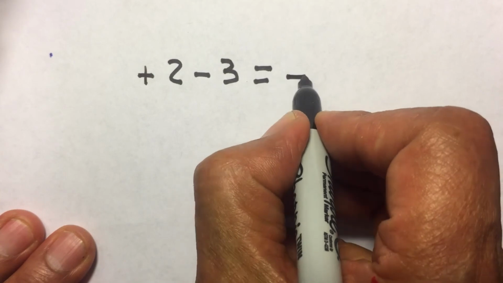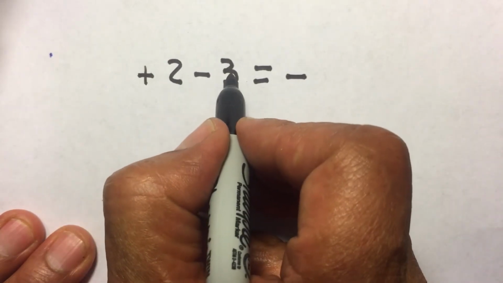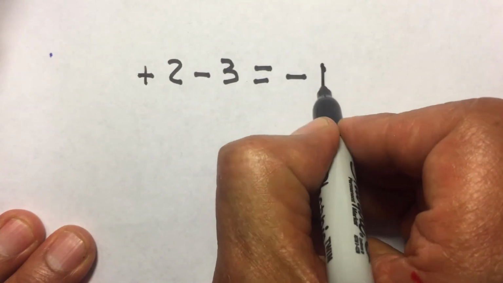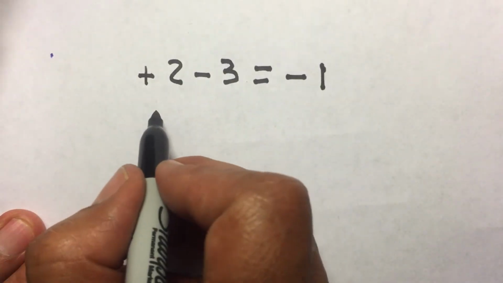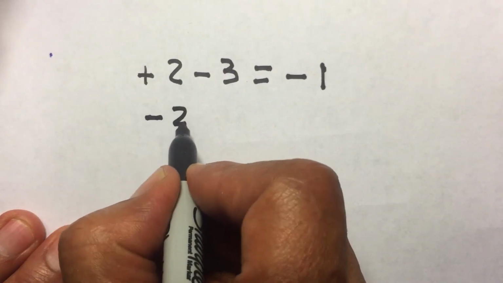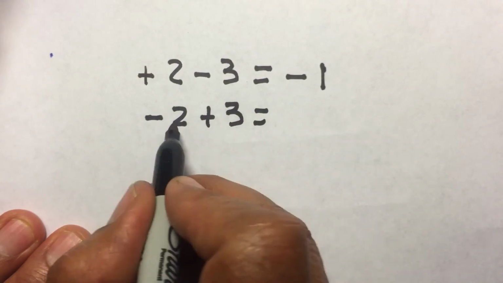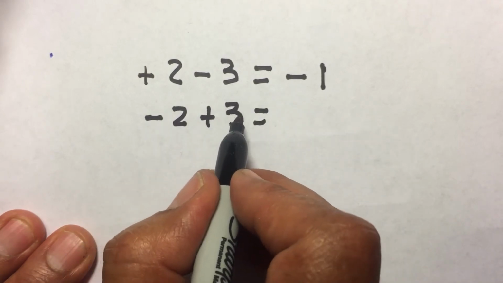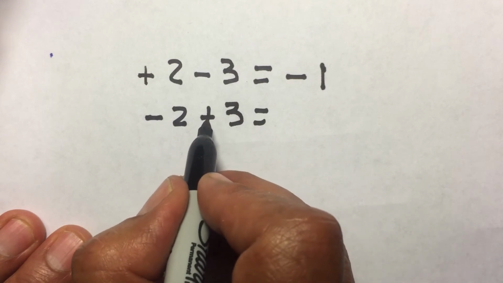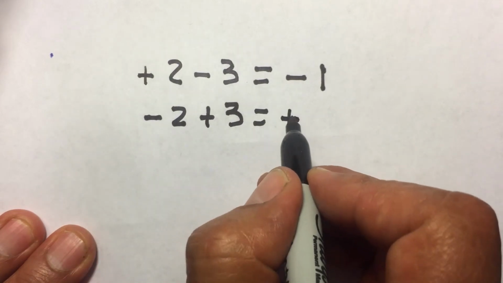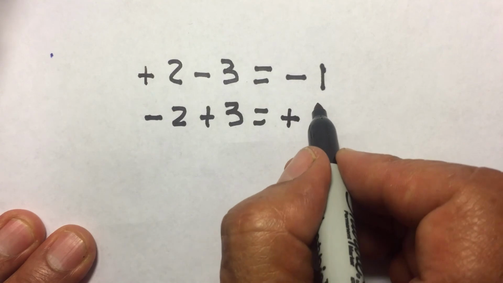Therefore, the sign would be negative. And we subtract the numbers. 3 minus 2 is 1. Another example. Minus 2 plus 3. Which number is the largest? 3. We put the sign of the larger number, plus, and we subtract 3 minus 2, 1.